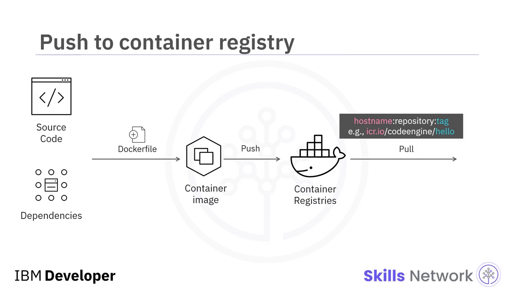Now, a repository is a group of related container images, and usually these will be different versions of the same application or service, so the name of the application or service makes a good repository name. Finally, the tag provides information about an image's specific version or variant.